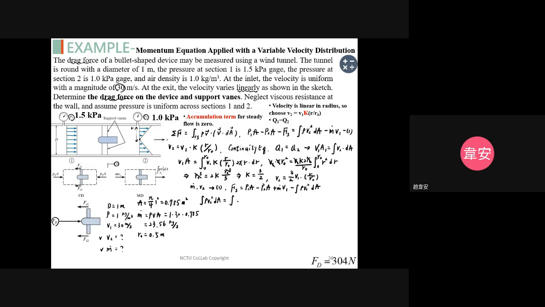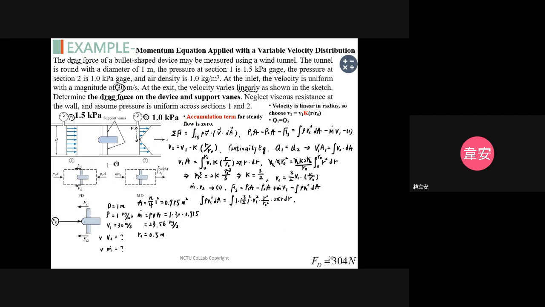So V2 squared is 1 multiplied by (2 over 3) squared, and V1 squared, and R squared divided by R0 squared. And we know that dA is 2 pi R dr.